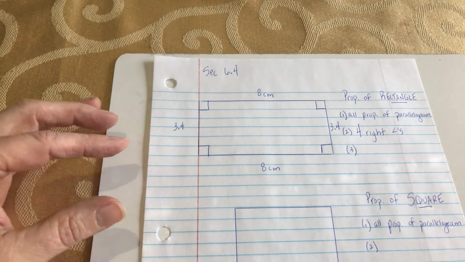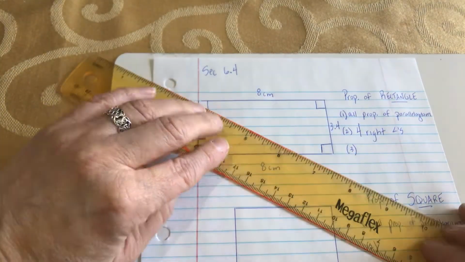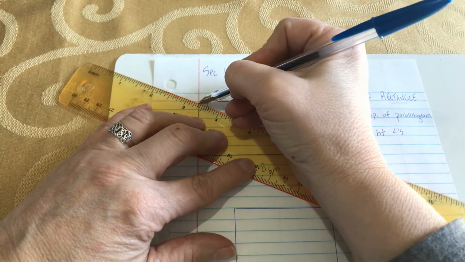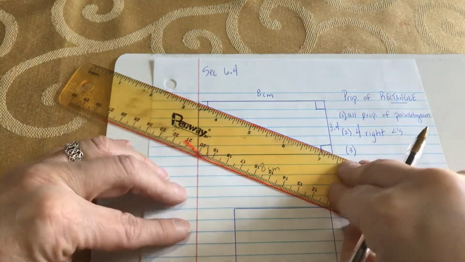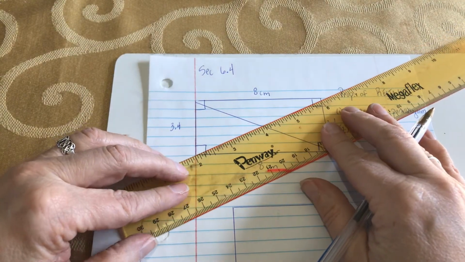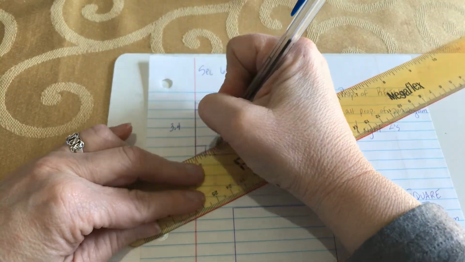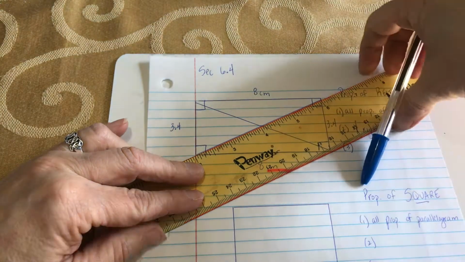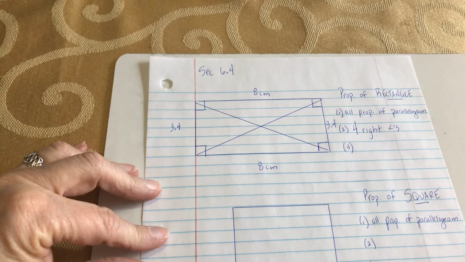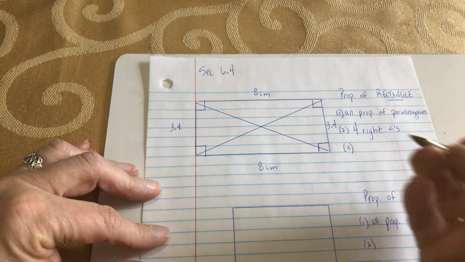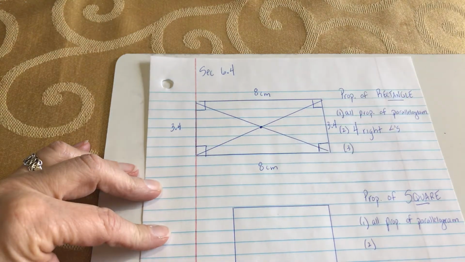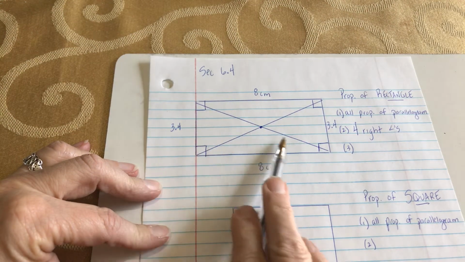I'm going to go ahead and draw the diagonals so you can see what happens once we start getting more information in our rectangle. One of the properties of a parallelogram was that the diagonals bisect each other, which means each diagonal is divided into equal halves.